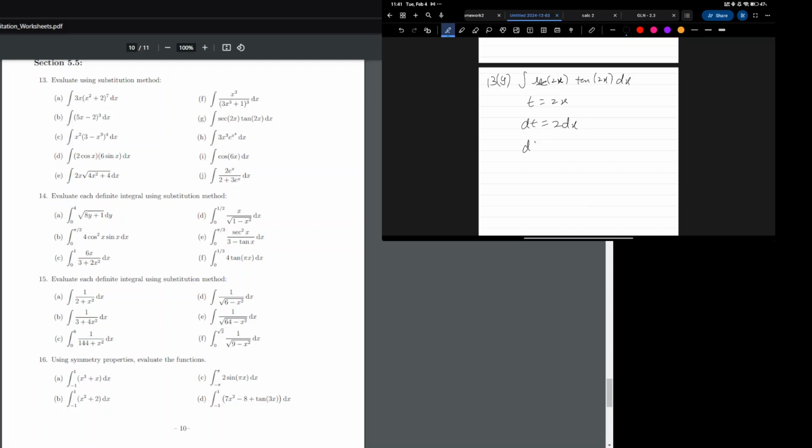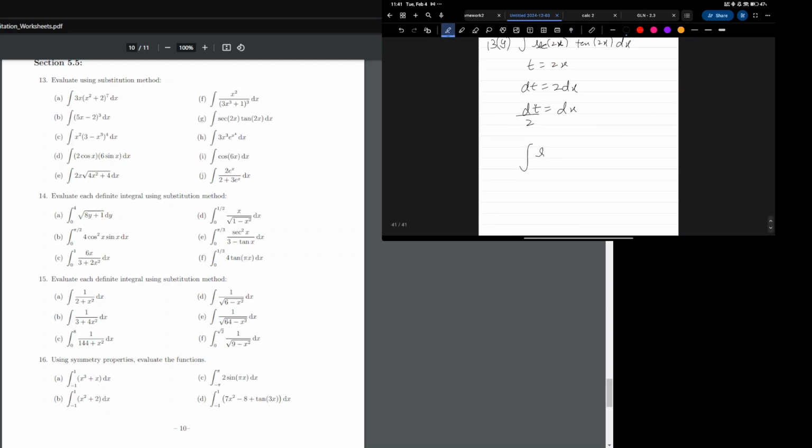So this becomes dt over 2 equals dx. Now I can replace this over here, and I have 2x that I can replace by t over here. So I get secant of t tan of t dt over 2.